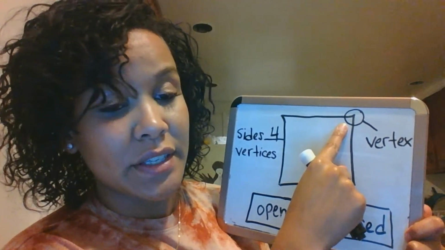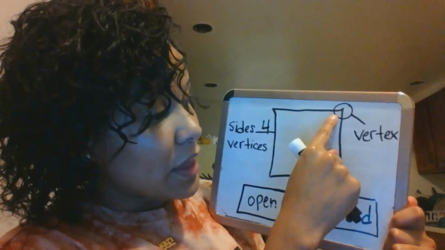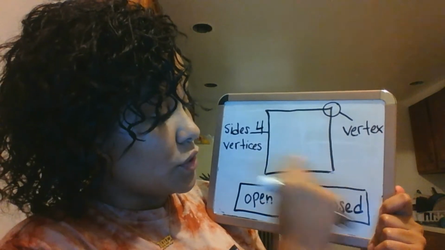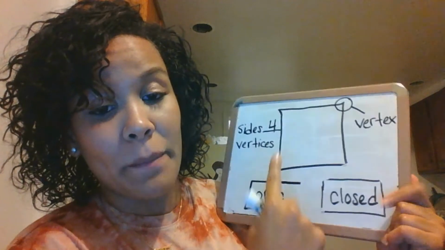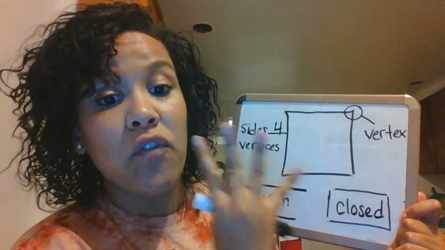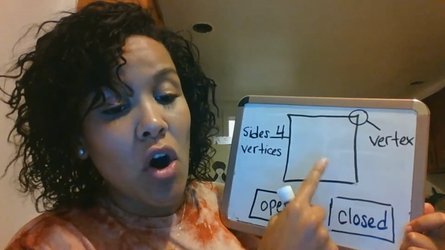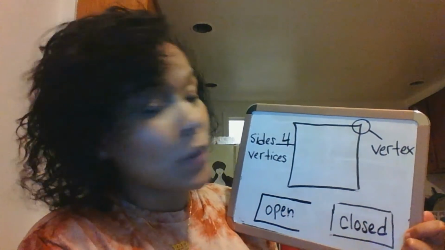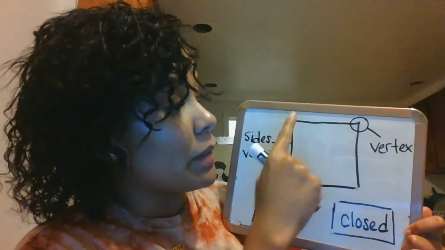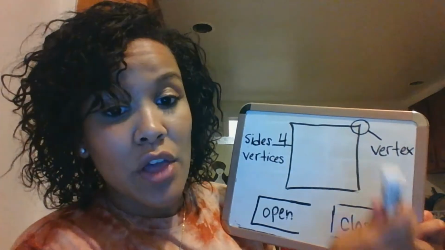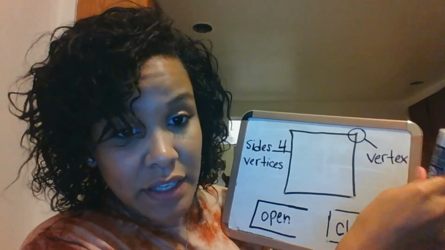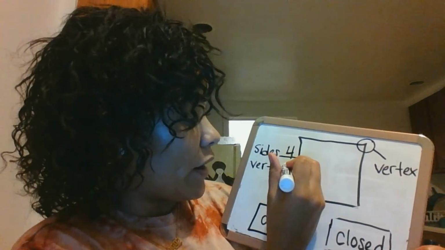Yes, vertices. So there are 1, 2, 3, 4 points where two ends meet on my square. So there are 4 vertices on the square. We can count them again together. So I'm going to count my points. Ready? 1, 2, 3, 4. There are 4 vertices on this square.